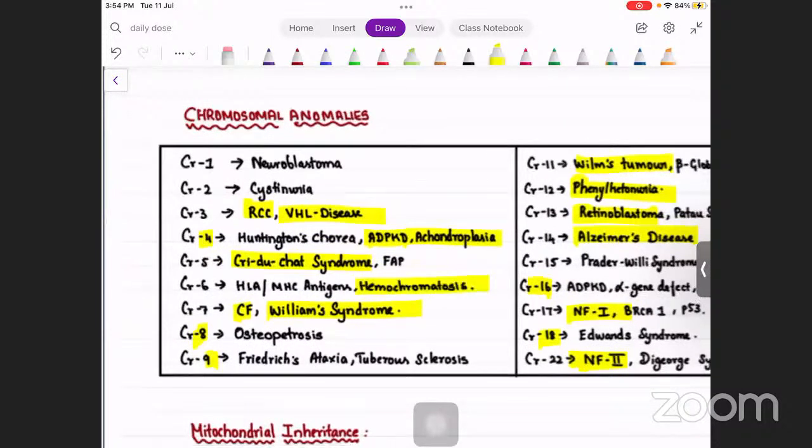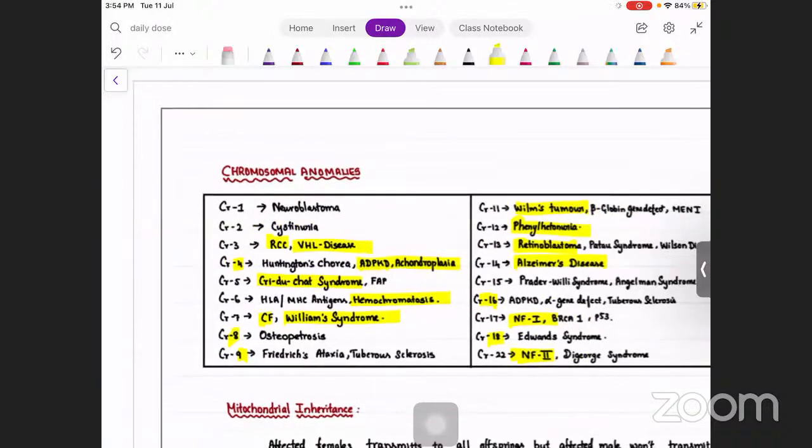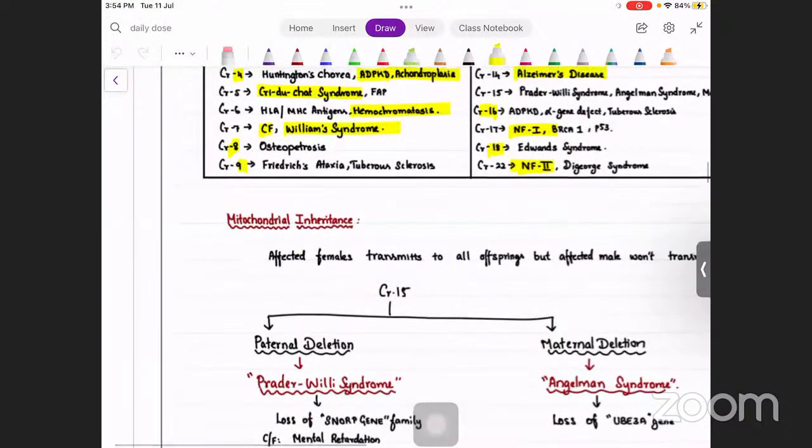So the main ones are achondroplasia 4, RCC and VHL on 3, Wilms tumor on 11, phenylketonuria on 12, cystic fibrosis on 7, NF1 17, NF2 22, Edwards 18, and Friedreich's ataxia and tuberous sclerosis on 9. Chromosome 16 is for tuberous sclerosis and autosomal dominant polycystic kidney disease.